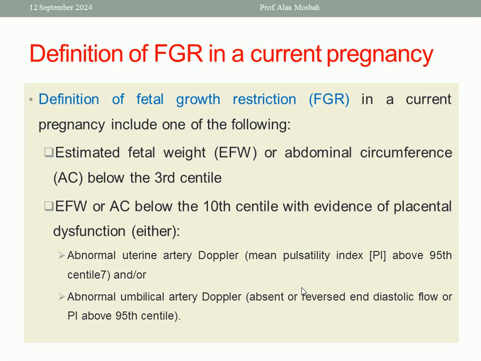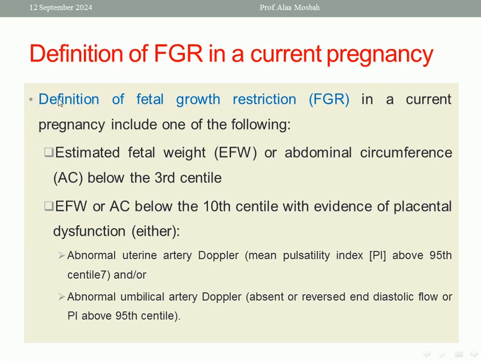Abnormal uterine artery Doppler, for example, mean pulsatility index above the 95th centile, and/or abnormal umbilical artery Doppler: absent or reversed diastolic flow or pulsatility index above the 95th centile.